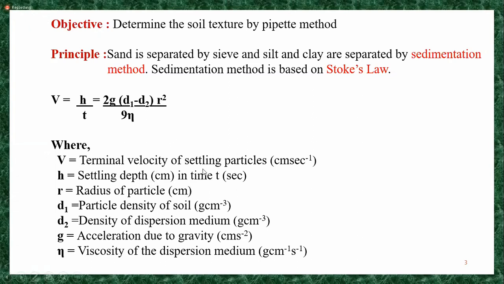This is the standard law, Stokes law. You can see the equation: h by t is equal to 2g (d1 minus d2) multiplied by r squared over 9 eta. d1 is the particle density of the soil and d2 is density of dispersion medium. g is the gravitational acceleration, and eta is viscosity of the medium.